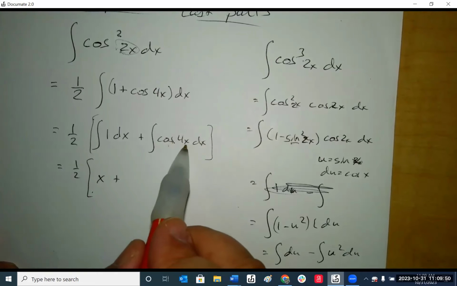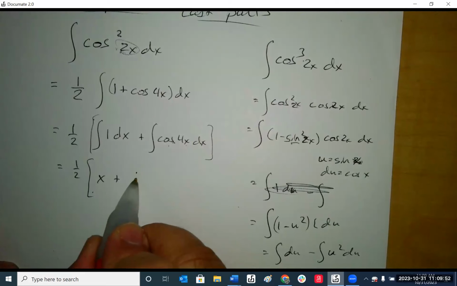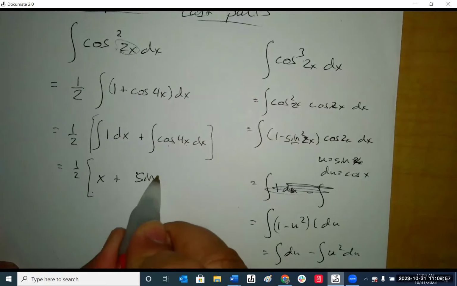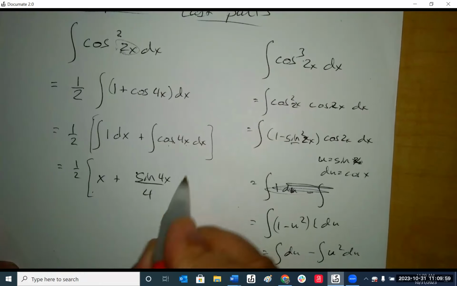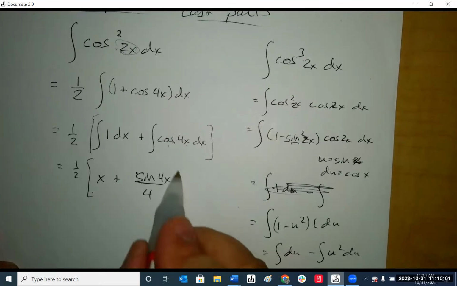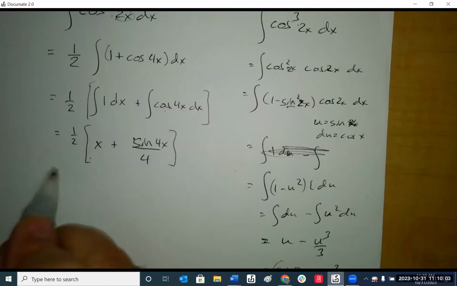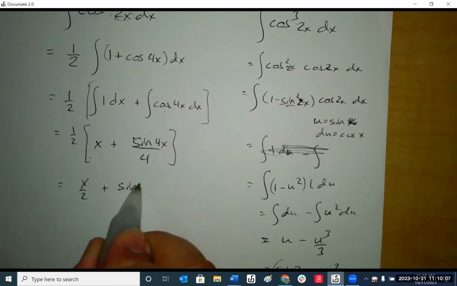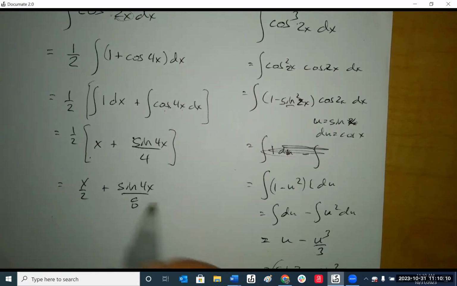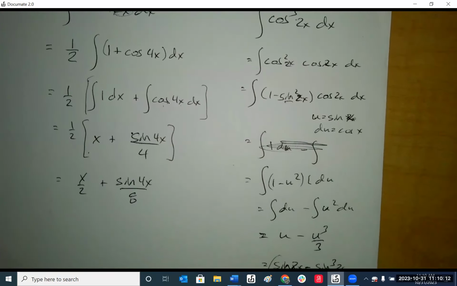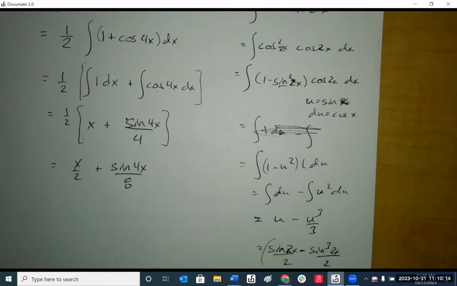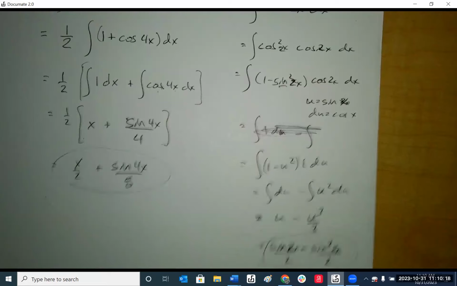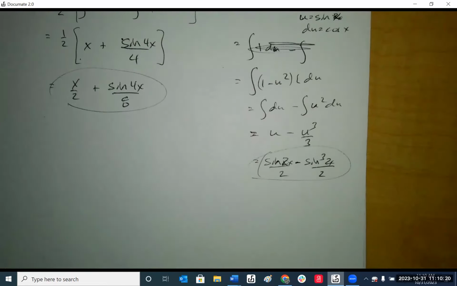The integral of cosine 4x is sine 4x over 4, which is x over 2 plus sine 4x over 8. Okay, so now we put these two back in the other equation.